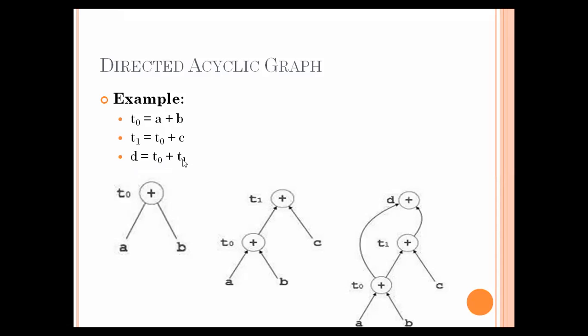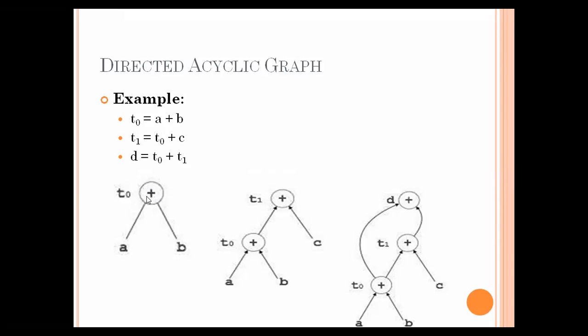Okay. So here we have a similar way of representing the 3 address code. If you want to draw a directed acyclic graph, how are we going to represent it? A graph contains edges and nodes. For example, take the first statement.